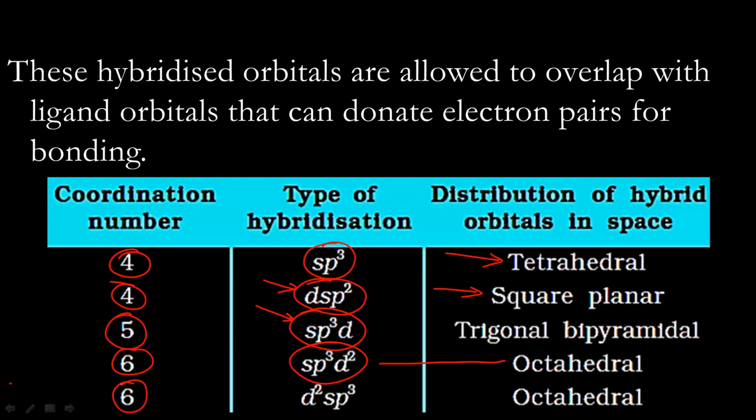Then again in case of 6, there is another possibility, d2sp3, and again it will be octahedral. So remember, only in case of coordination number 4 are there 2 possibilities, tetrahedral or square planar. For 5, it will be trigonal bipyramidal. And I hope you remember these shapes.